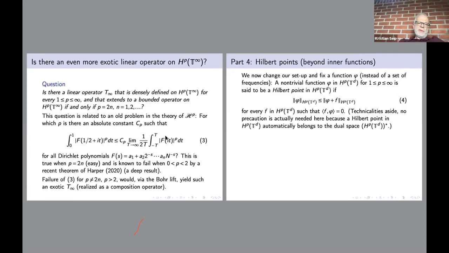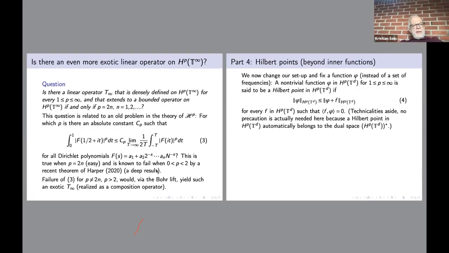So you remember this was how we defined the norm for curly H^p for polynomials. And this inequality is known to be true when p is an even integer. It is not very hard.